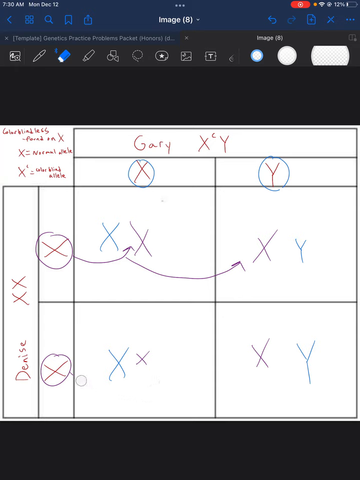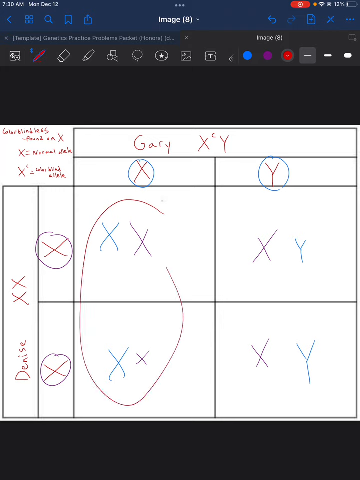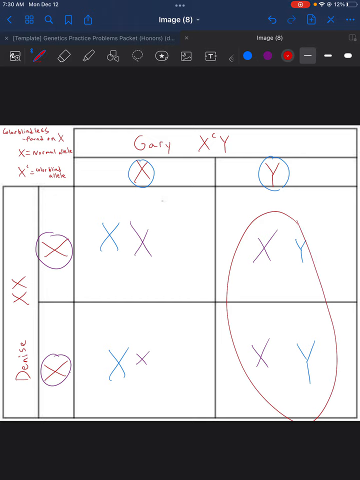You just move them over. You will also find that it tells you that to get a boy or a girl is a 50-50 chance. 50% of the kids you're going to make are girls, and 50% will be boys.